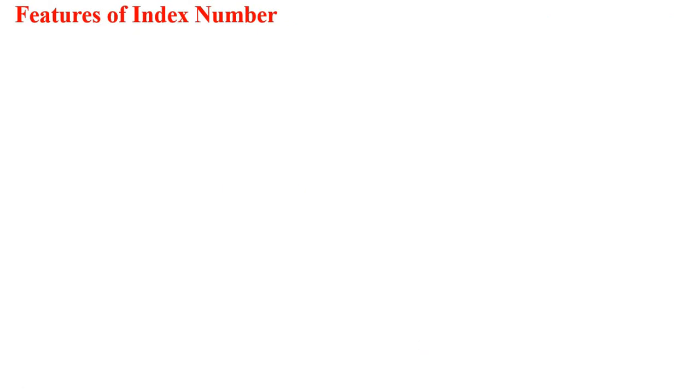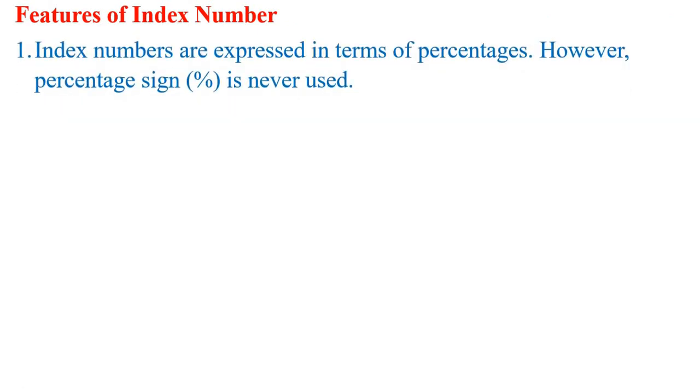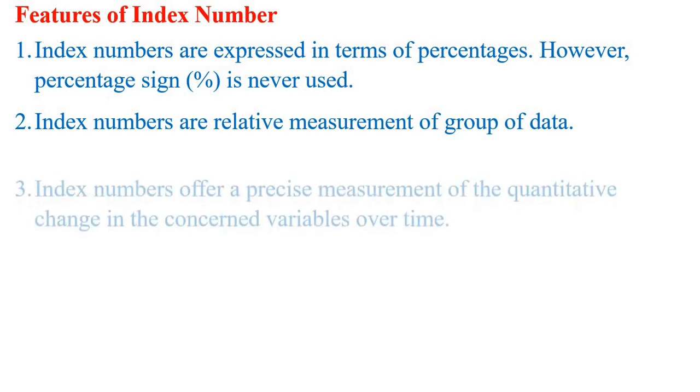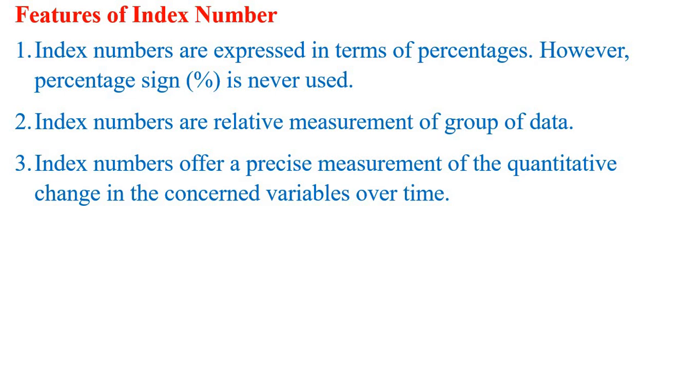Now, what are the features? The first feature is that index numbers are expressed in percentages, but the percentage symbol is not mentioned. That is the first feature of all index numbers. This definition says it is a measurement of a relative group of variables, a relative measurement of a group of data. Then it measures the quantitative change in the concerned variables.